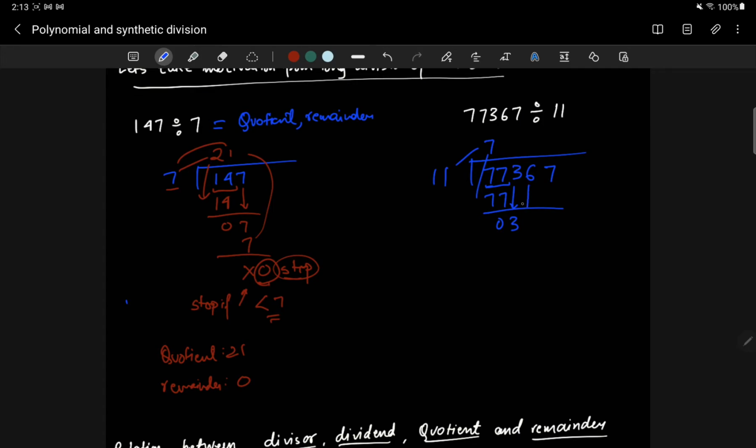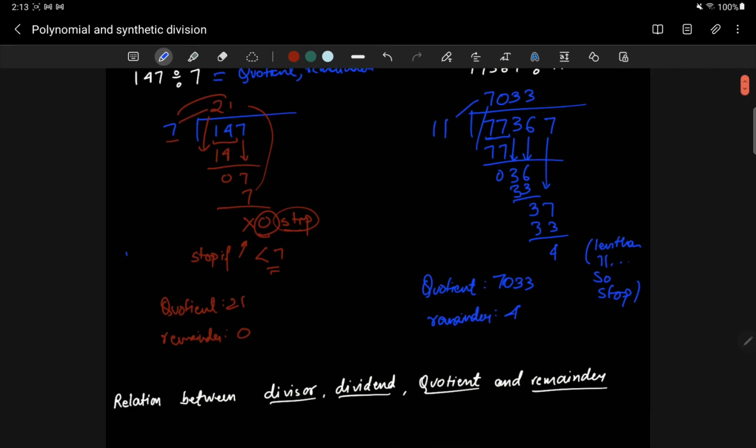So I have to bring down the second number. When I do that, I add a 0 here, and then 11 goes into this 3 times, and then I bring down the next number and it goes 3 times again. Now 4, that's less than 11, so we can stop. So in this case, the quotient is 7033 and the remainder is 4.